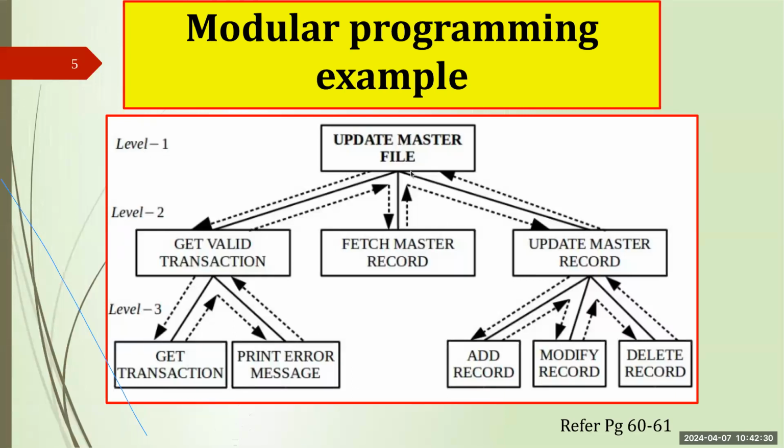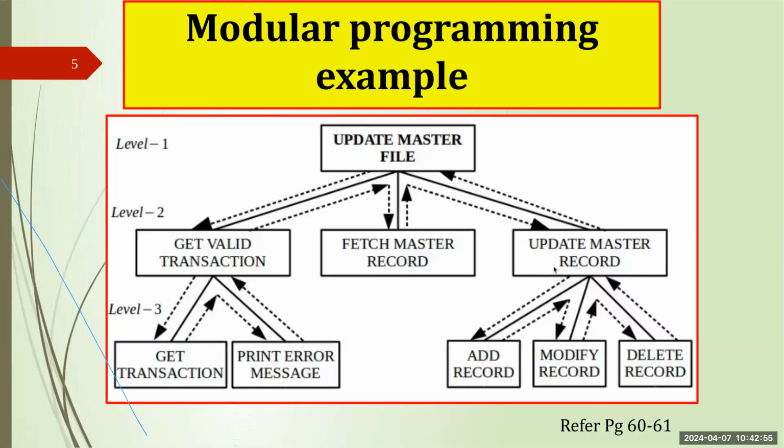Update master file. Get valid transaction: get transaction, print error message, and then go back to the main program. Fetch means loading the master record, and then update master record.